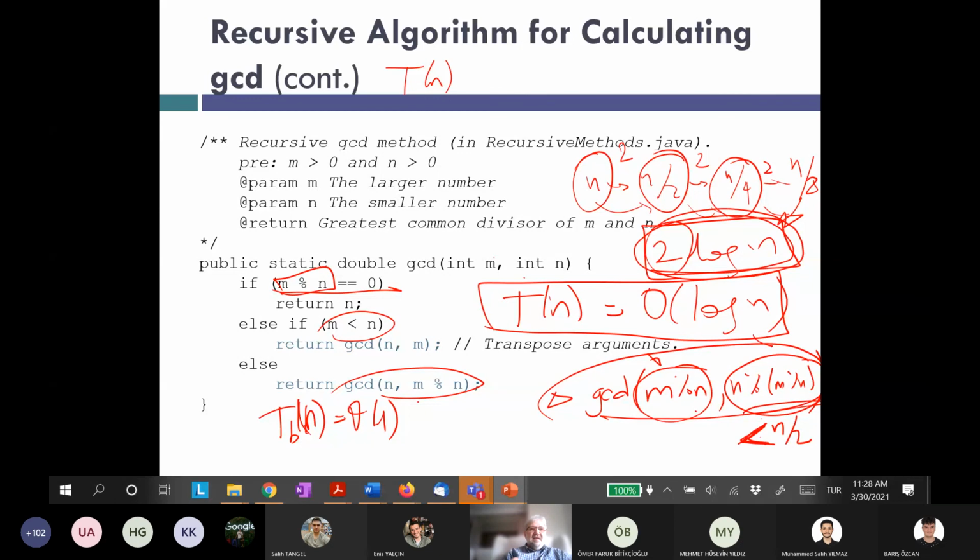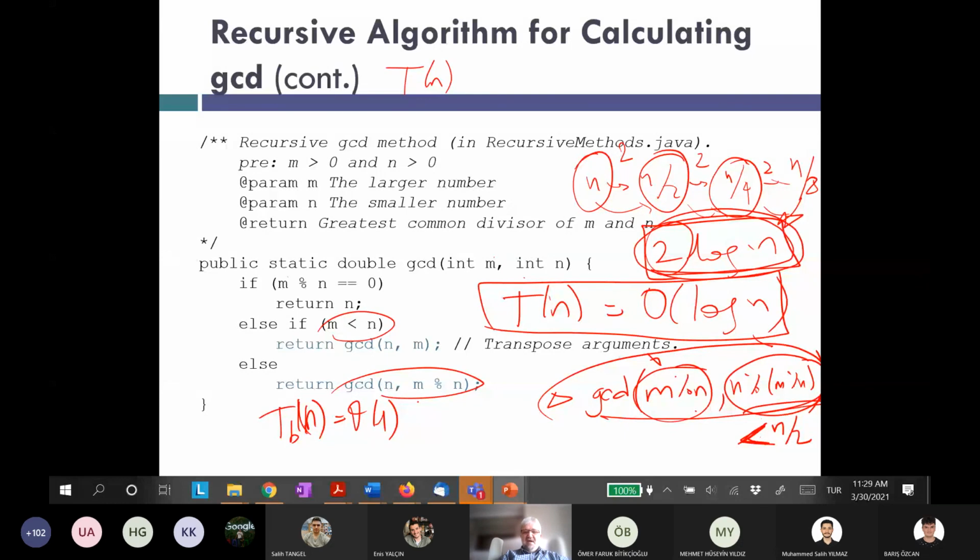You cannot state the exact running time in theta notation, since the running time depends on the relation between m and n. It doesn't depend on n only, but on m and n and their relation.